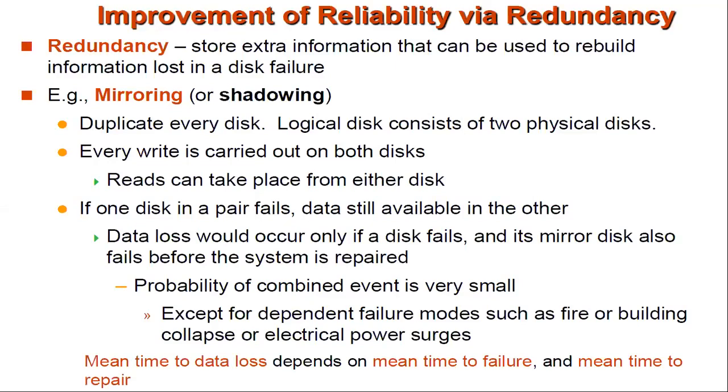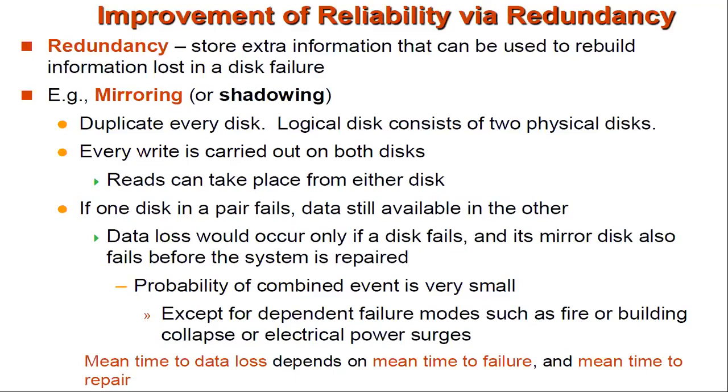Now in RAID, we are talking about the disk, not the location. Data loss would occur only if a disk fails and its mirror disk also fails before the system is repaired. Suppose you store the data on both disks; if by any chance both disks got corrupted or failed, you will lose your data.